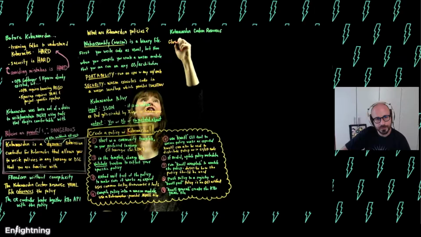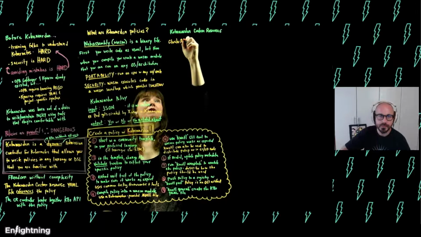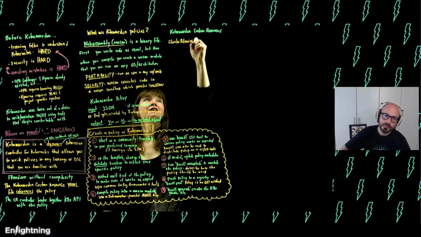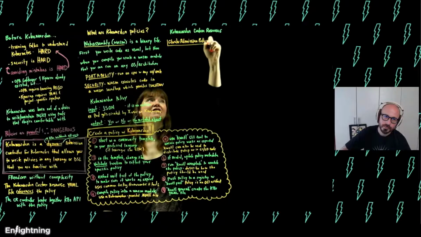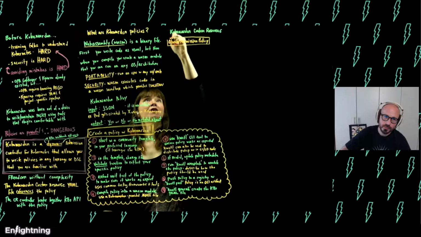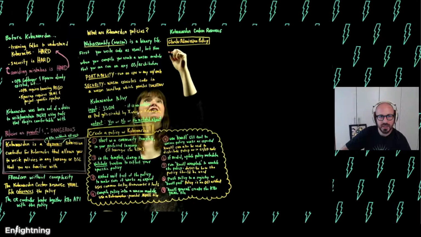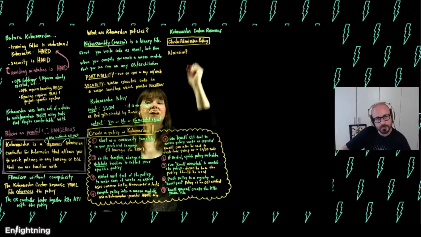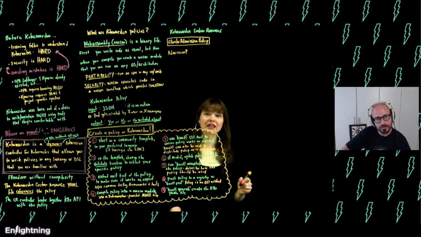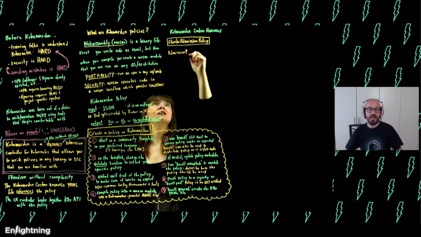So, cluster admission policy. That's probably exactly what it sounds like. Or there's an admission policy. Exactly, which is the name's admission policy, yeah. And then, are these validating or mutating, or they can be either? It can be either, yeah.